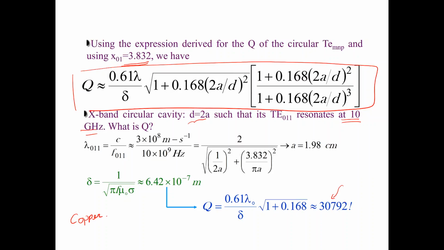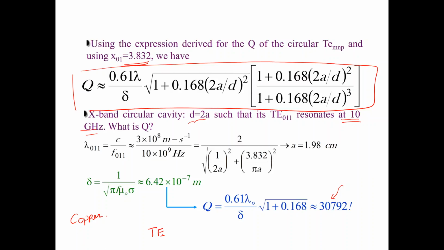Previously, when we had looked at the TM011 mode for a similar design, the value was close to 11,000. So this value has increased a lot compared to the Q we had for the TM101 mode.